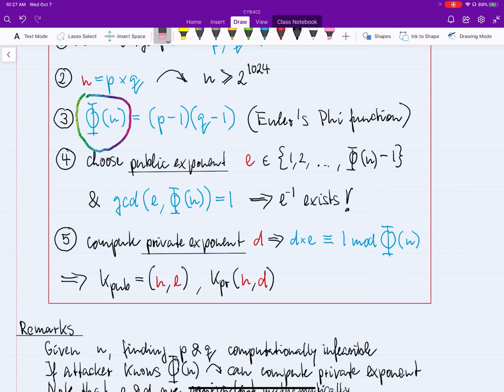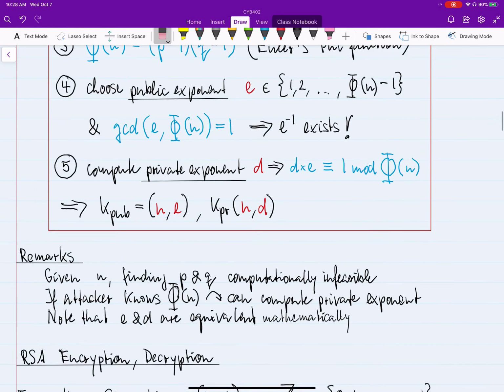You remember that a necessary condition for an inverse to exist is that in a ring n, an element needs to be relative prime to n for its inverse to exist. So of course here we have phi of n. One of the difficulties here is to not mix up phi of n and n.